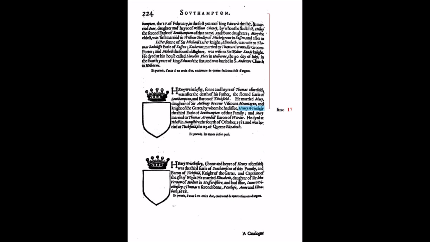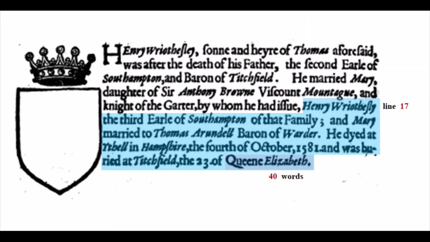When Henry Wriothesley, the 3rd Earl of Southampton's name is first mentioned, it's on line 17. Here's where it gets interesting. The section begins with Henry Wriothesley, the 2nd Earl, but beginning with the 3rd Earl on line 17, there are 40 words until the end of the paragraph, with the last words being Queen Elizabeth.